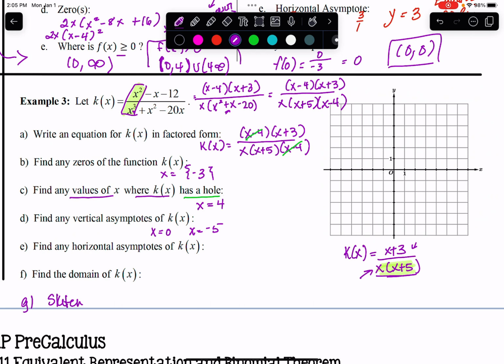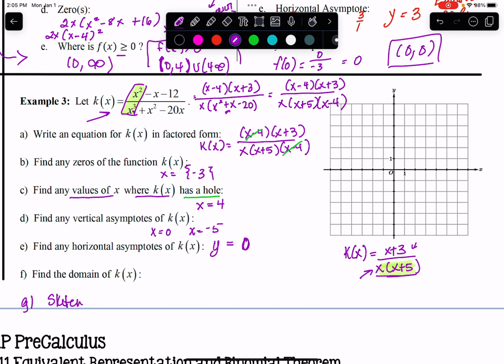And if you remember our little rule, if the degree on the bottom is 1 larger than the degree on the top, then you have a horizontal asymptote at y equals 0. So remember that rule. If you don't, you need to go back and look it up.